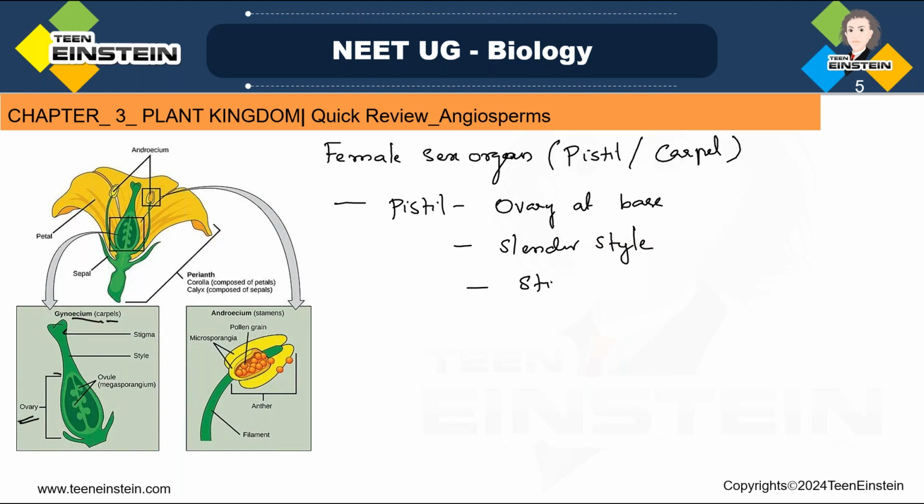So which are the parts of the pistil? Ovary, style, and stigma. Inside the ovary, ovules we can see. You can see the ovules on both sides. These ovules have a megaspore mother cell.